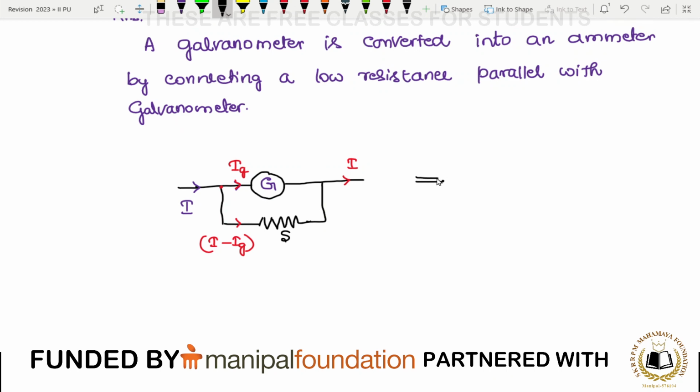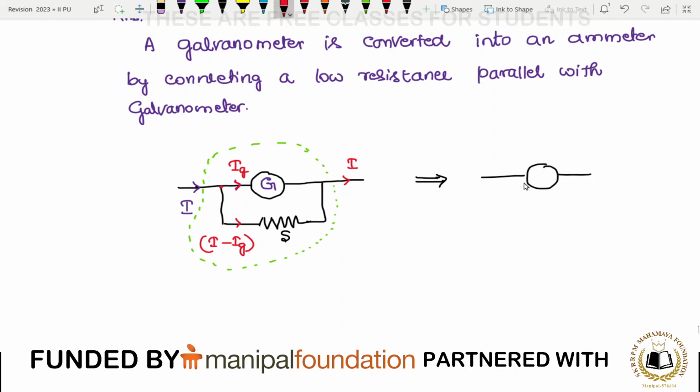Whatever we did for the conversion, whatever is inside this block will act as an ammeter.